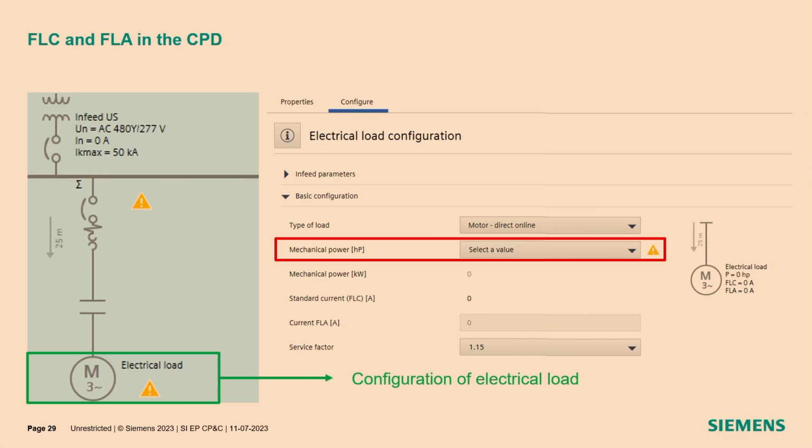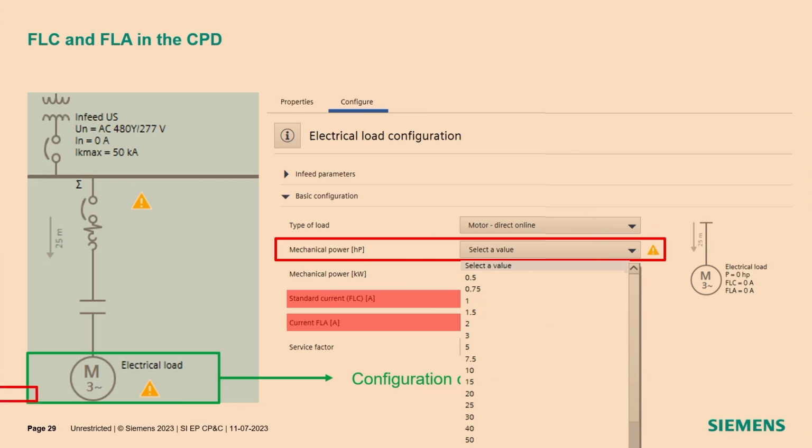That is the reason that the standard current, the FLC, is 0, because there's no power there. So they start with 0. And also the FLA is 0. You see this here on the right side, a little drawing, that the power is 0, the FLC is 0, and the FLA is also 0.